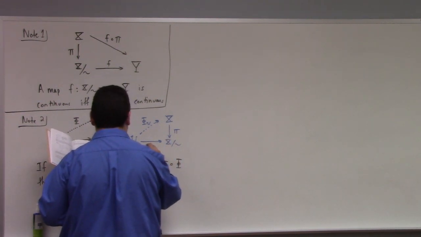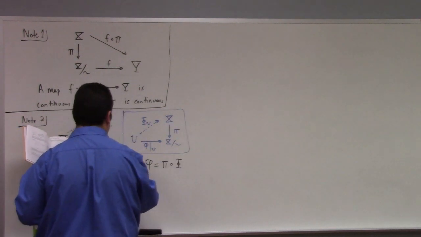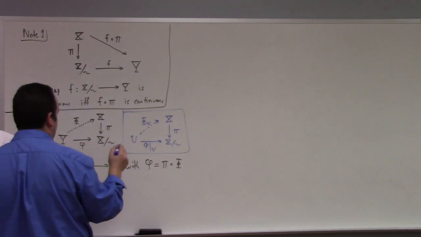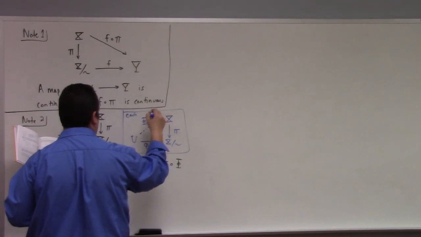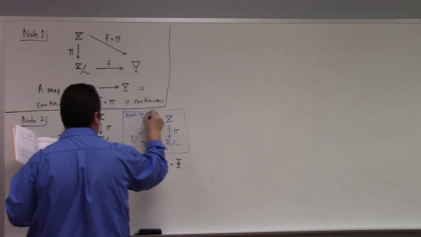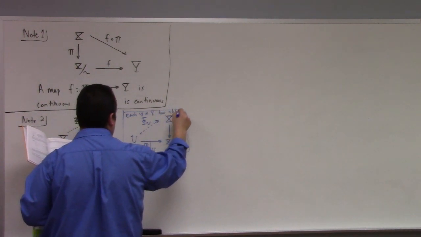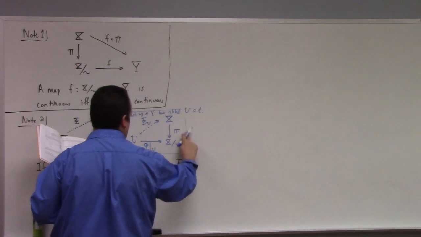And down here we're looking at phi restricted to U. Each y in Y has a neighborhood U such that. All right.